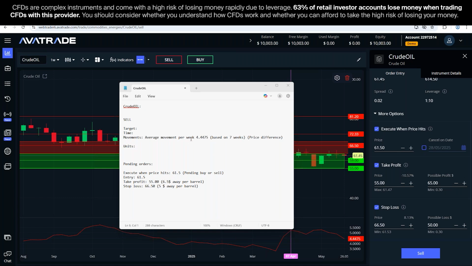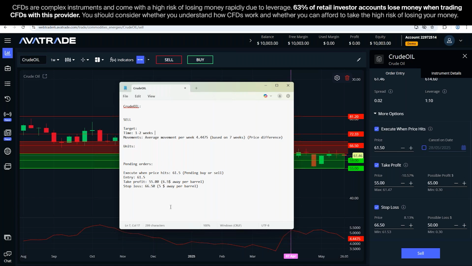Exactly, it's more than the range. The range is 4.4, and we are looking at $6.50 and $5 away, so we can assume that this will take 1 to even 2 weeks, because we're aiming for higher than the range.